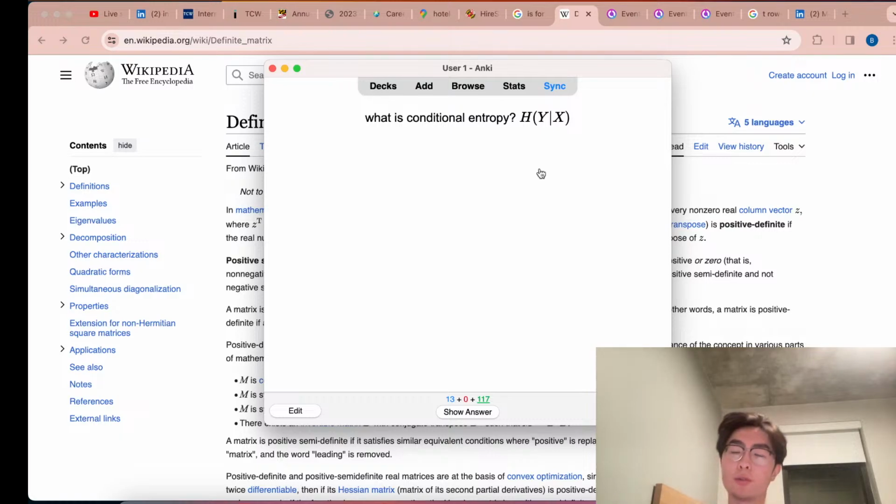So log base 2 of 1 over 2, that'll be the conditional entropy. That wouldn't be the conditional, that would be the normal entropy for random variable x with 2 events.